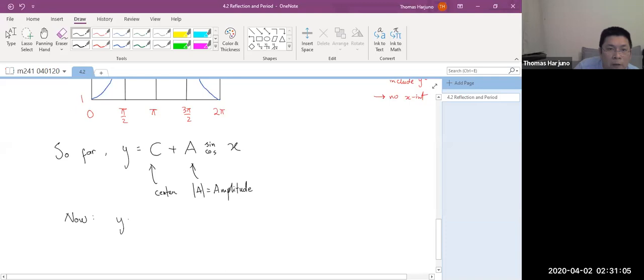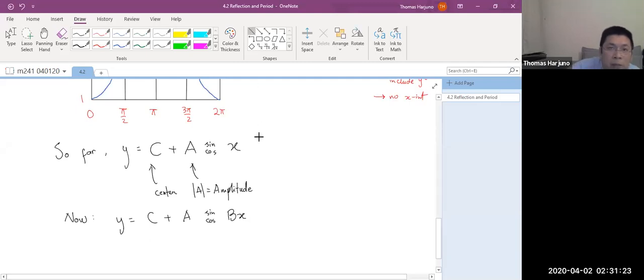What happens if we have c plus a sine or cosine of bx? So I put a coefficient on the angle x.